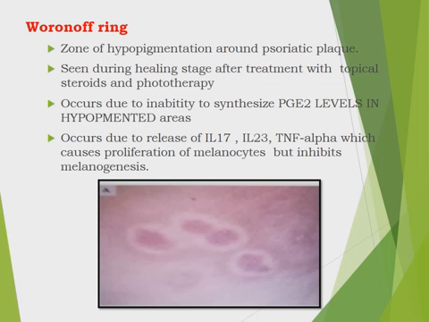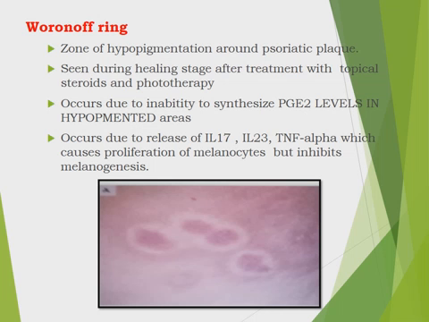Right. What is Auspitz sign? Named after Heinrich Auspitz. Grattage test. Auspitz sign is positive in actinic keratosis, seborrheic dermatitis and plaque psoriasis. Then Koebner: skin lesions occur along the lines of trauma, in papulosquamous disorders. When skin lesions occur along the lines of trauma but due to spillage of virus, that is called pseudo-Koebner. What is reverse Koebner? If skin lesions disappear along the lines of trauma, it is reverse Koebner.